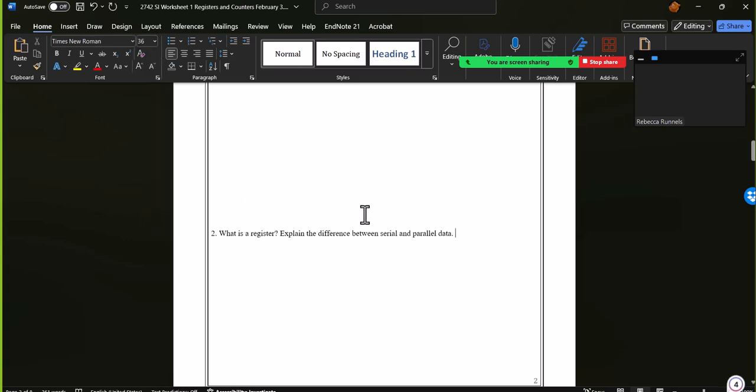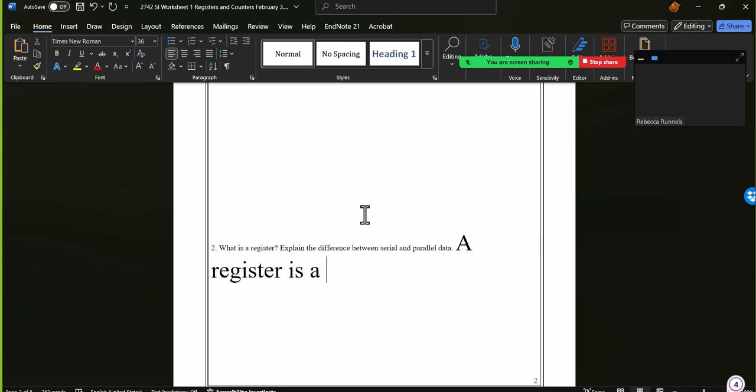All right, so what a register is, is usually made of flip-flops or latches. So it's a collection of flip-flops or latches.